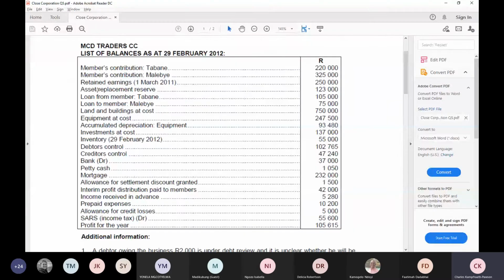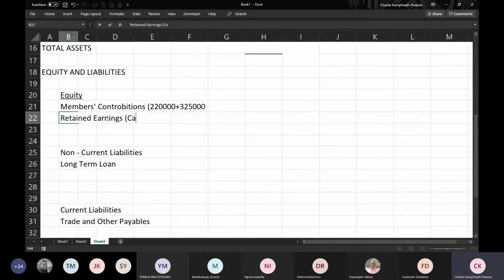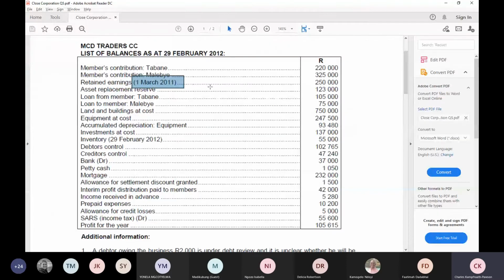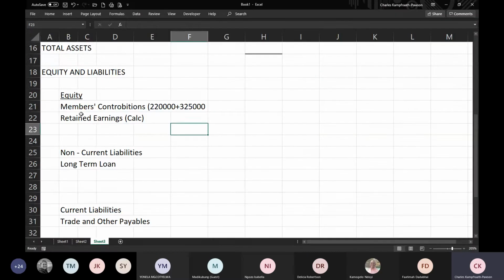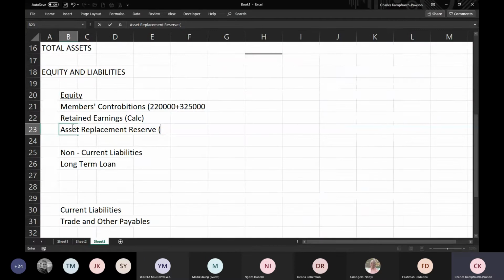Retained earnings, opening balance. Retained earnings will most likely be a calculation. We don't know what the calculation number is yet, but it most probably will be a calculation. Then we have the asset replacement reserve, equity. Don't know if there's anything else.